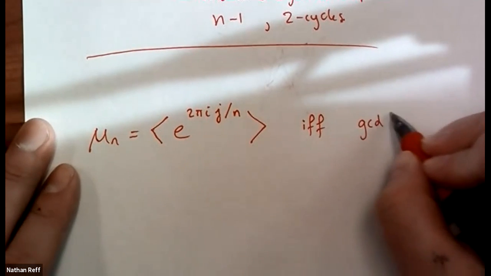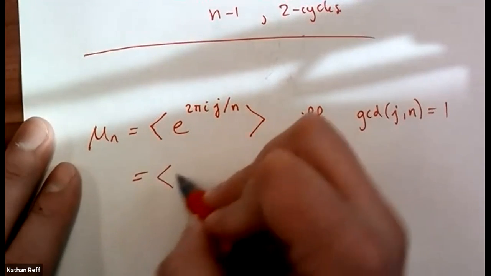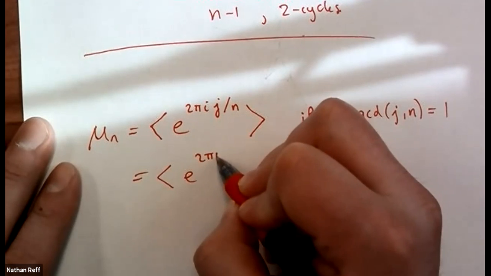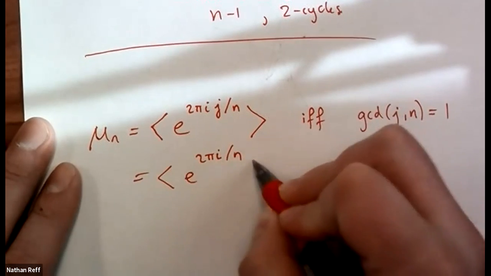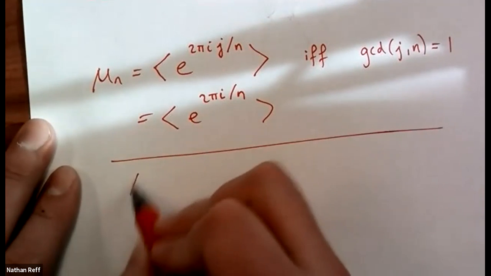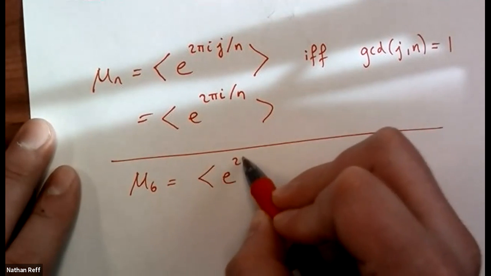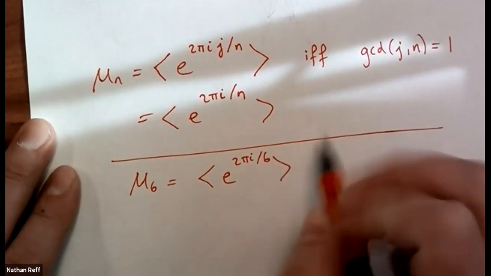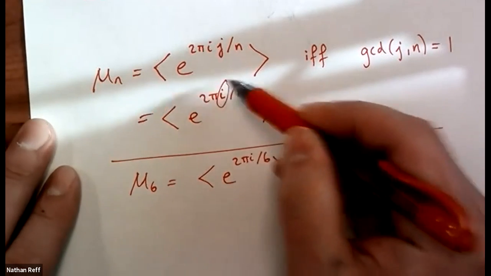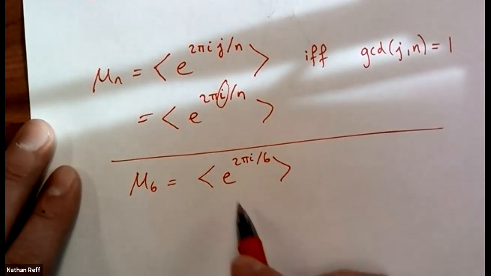So the GCD of j and n is equal to 1. For example, the first primitive root will always generate it for you. So e to the 2 pi i over n is the first root. But if you're talking about mu6, it would be e to the 2 pi i over 6. And then I could replace that 1 with anything that's relatively prime with 6. So this will always be one generator.